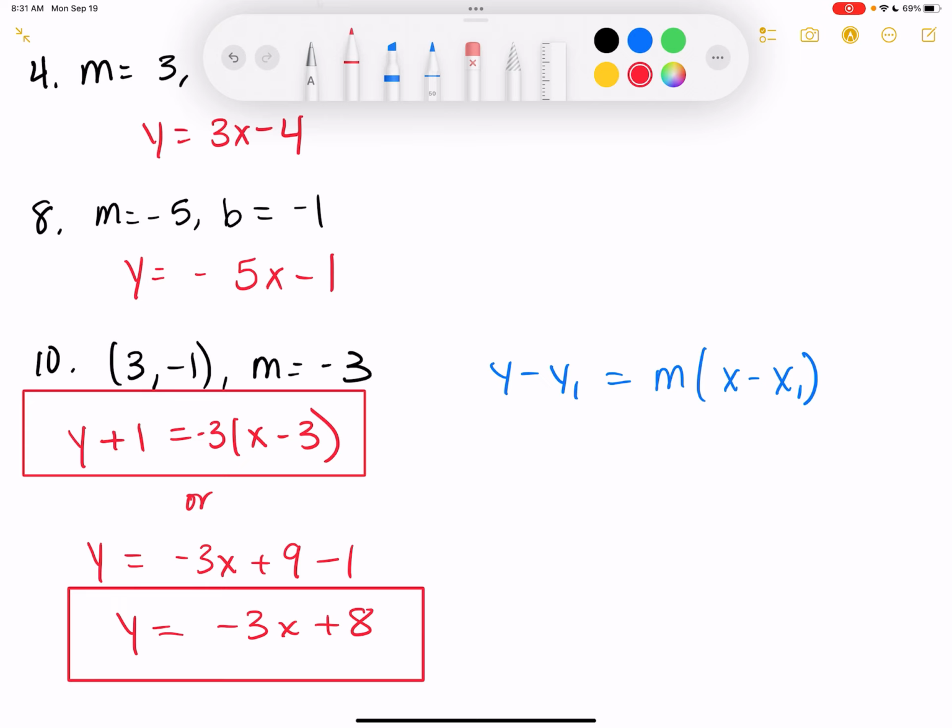Sometimes, if you end up taking calculus with me, and I can't remember if pre-cal does it or not, they will actually write the formula for point slope form as this.